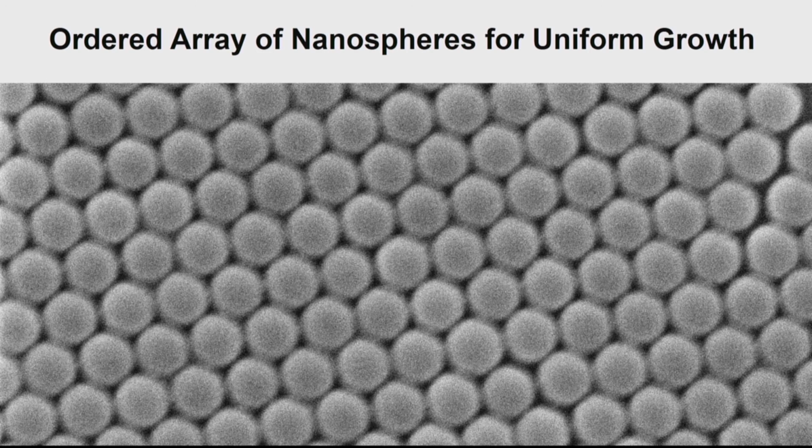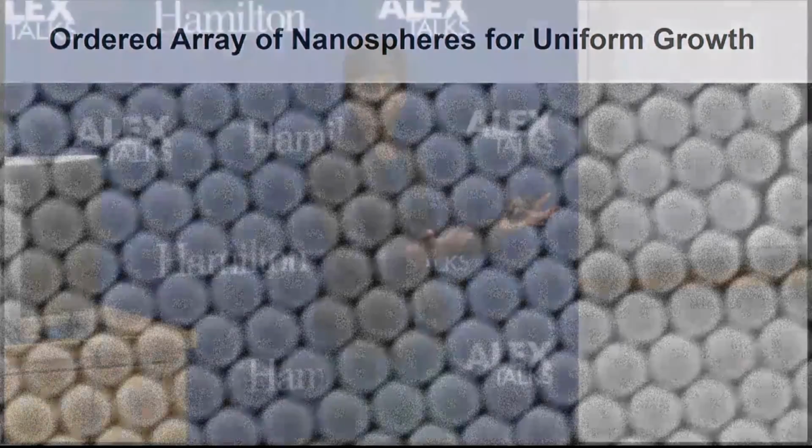So what we do is we assemble these spheres, and then in each of these tiny little voids, which are also nice and ordered automatically, nature does that for us, we deposit different types of nanomaterials and we grow them from there. And the idea is that from there we can get more uniform growth so that if we're building sensors and electrodes, we have a very uniform sensing capability.